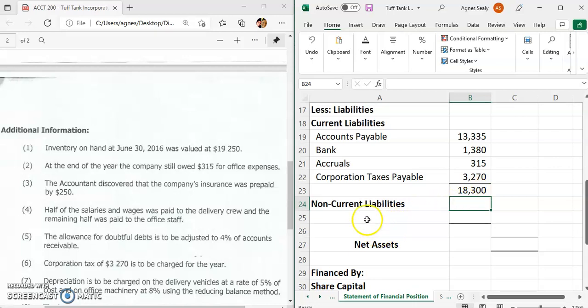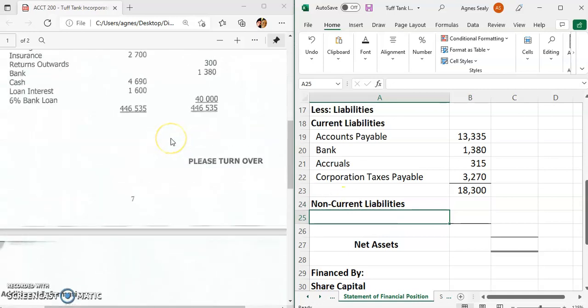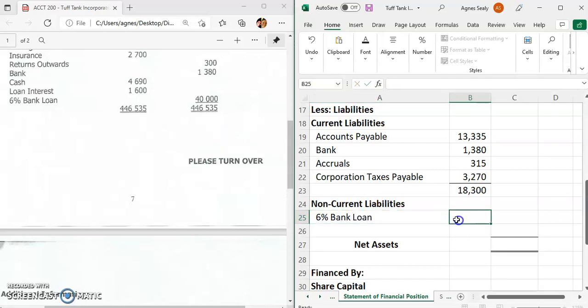And then we have a non-current liability, which is our 6% bank loan. So you have your 6% bank loan of $40,000. We're going to add our current and non-current liabilities together, which give us total liabilities of $58,300.